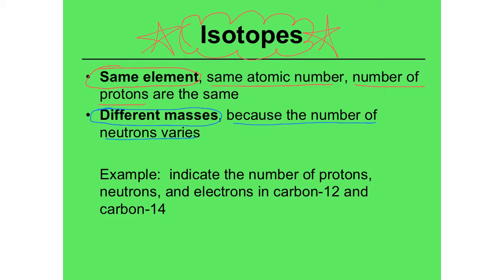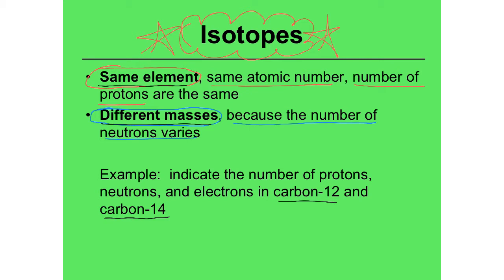So for example, down here, we are going to indicate the number of protons, neutrons, and electrons in carbon 12 and carbon 14. So carbon 12 and carbon 14 are isotopes of each other because they are the same element, carbon, but they have different masses, 12 and 14.